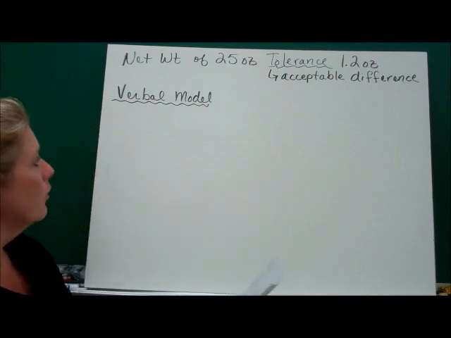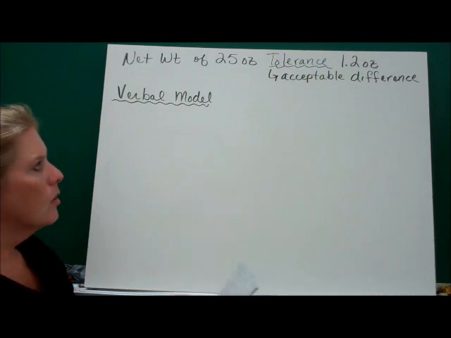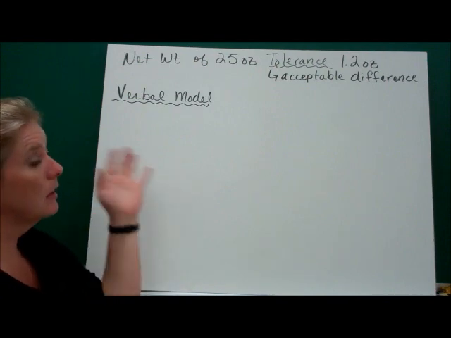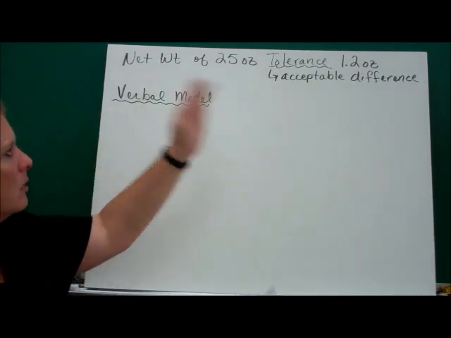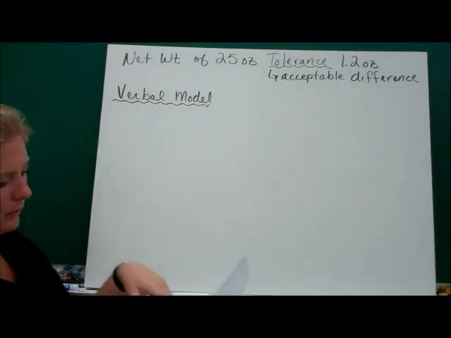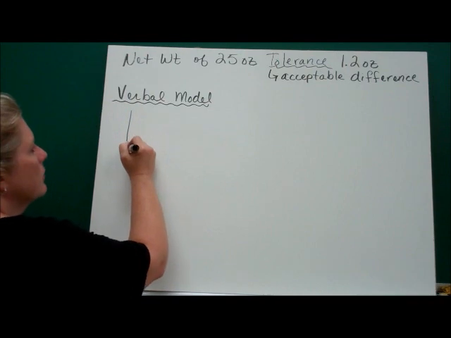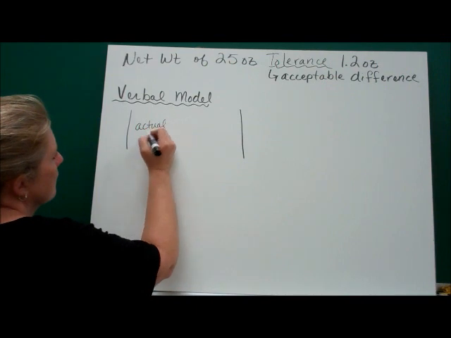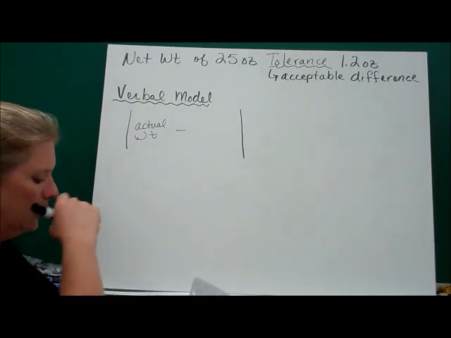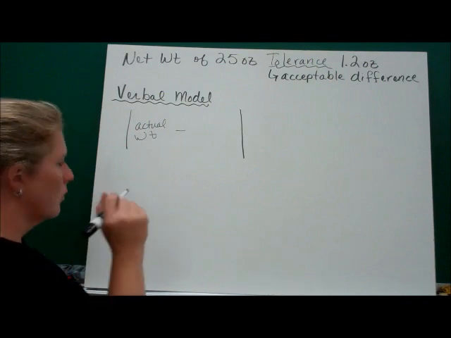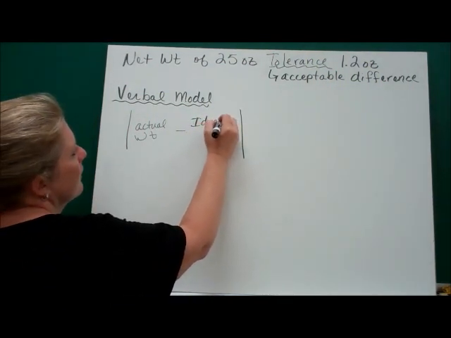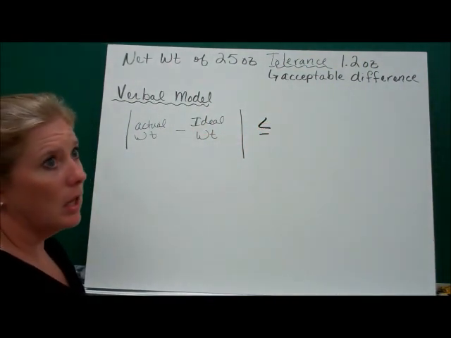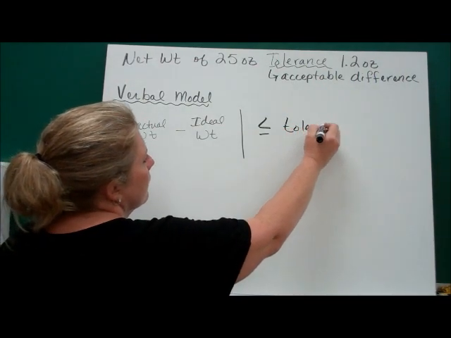Okay? So for a verbal model, we want an acceptable difference of 1.2. So that means that it can go either way. We can be 1.2 less, or we can be 1.2 higher. Either way. So what we want is the absolute value of our actual weight minus our ideal weight to be less than or equal to the tolerance.